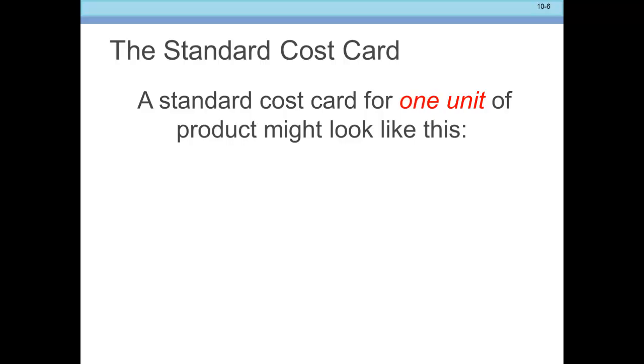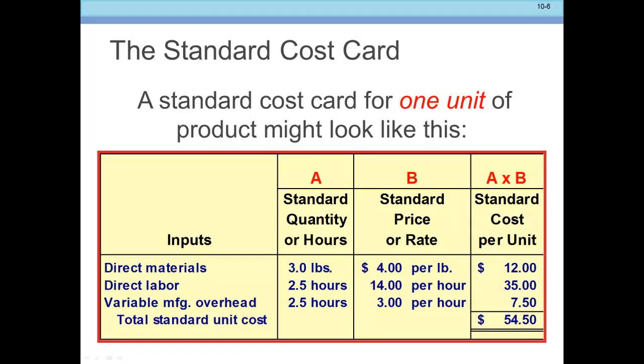The standard cost card, or bill of materials, is a detailed listing of the standard amounts of direct materials, direct labor, and variable overhead resources that should go into a unit of production, multiplied by the standard price or rate that's been set for each of those inputs.